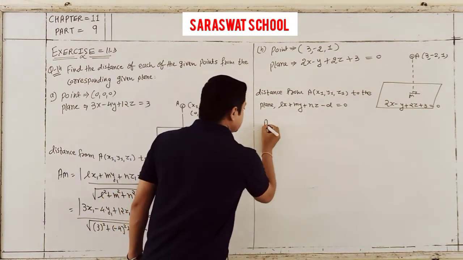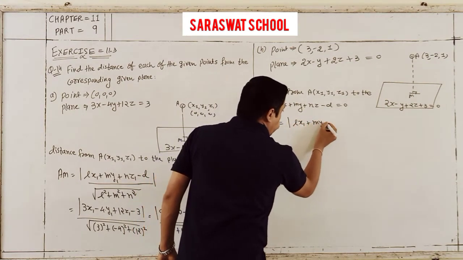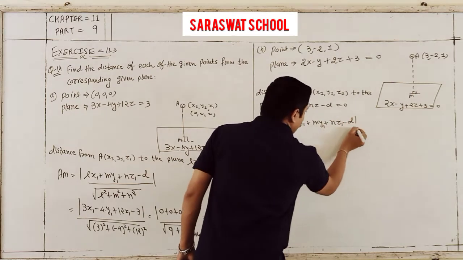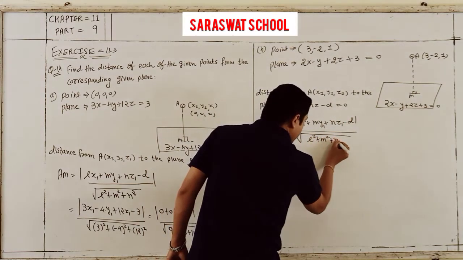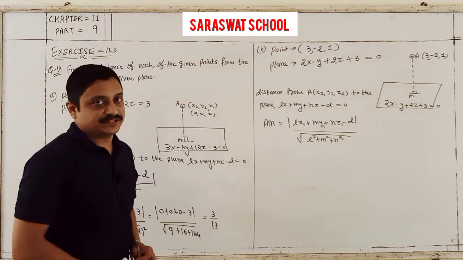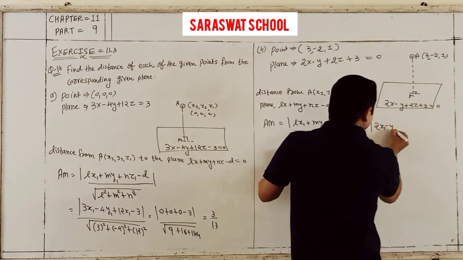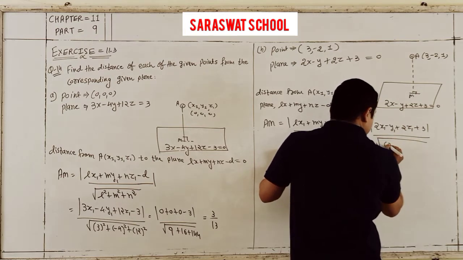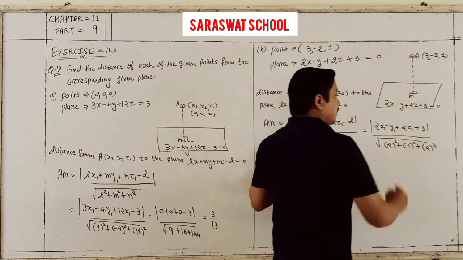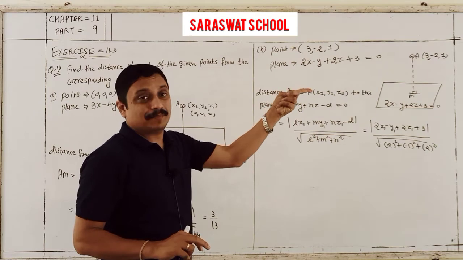So that distance AM is modulus of lx1 plus my1 plus nz1 minus d, by the square root of l square plus m square plus n square, same. So applying the values, 2x1 minus y1 plus 2z1 plus 3 upon the square root of 2 square plus minus 1 square plus 2 square.